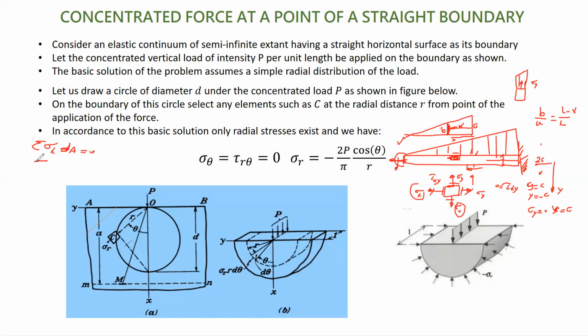The integral of the shear stresses tau xy dA should be equal to 0, or the integral of sigma x times y, which is the moment of that stress with respect to the neutral axis, should be equal to M. Oh, and M is 0, should be equal to 0.